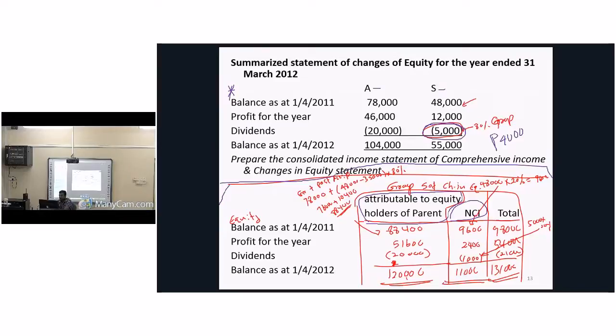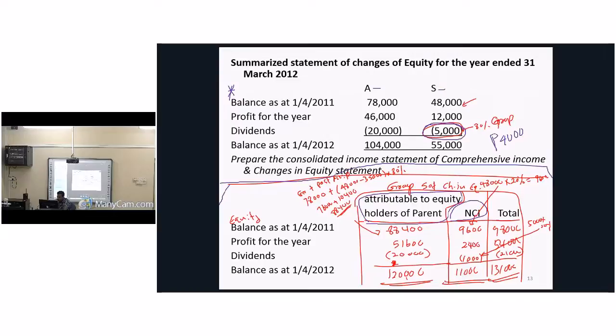You can remember this is total equity, yeah? Not only now, usually in the equity statement we can see share capital and individual reserves separately, but here we are trying to calculate total equity. Equity means capital plus total reserves. Now you can see the beginning balance. Parent here 78,000.